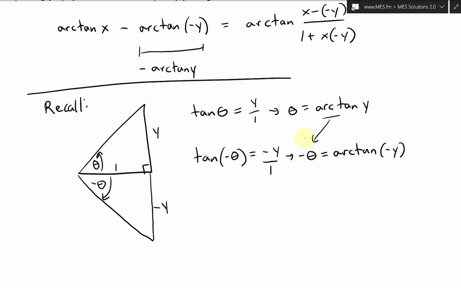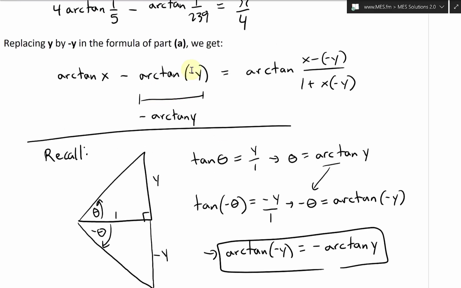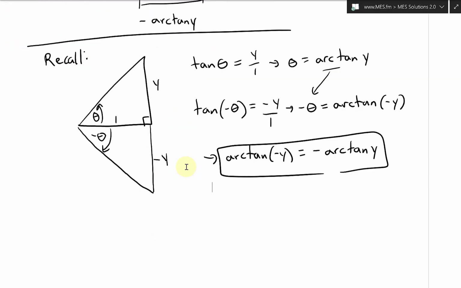So then basically what we'll have is negative theta, which is just equal to negative arctan y. Yeah, so negative arctan y. So throw that whole thing in there. So we can box this out. Basically, this whole thing, arctan of negative y, is equal to negative arctan y.